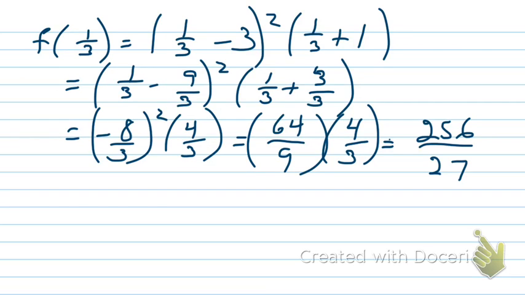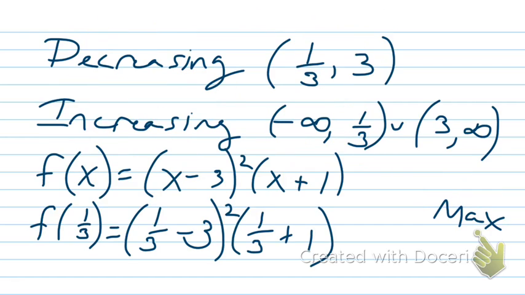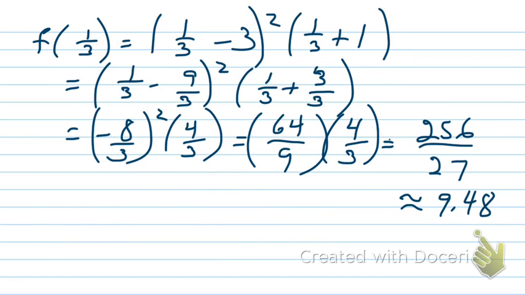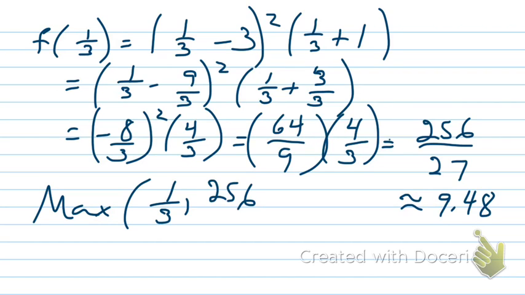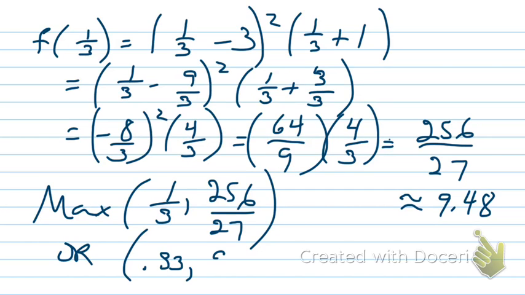If we take a look at what is the decimal version of 256 divided by 27, as we did earlier today, that's approximately 9.48. So we were looking for the maximum, and our maximum occurs where 1/3 meets 256/27, or we could say where 0.33 meets 9.48.